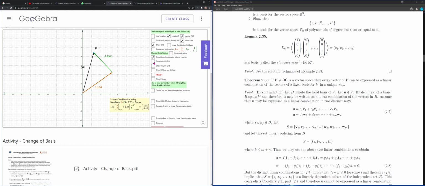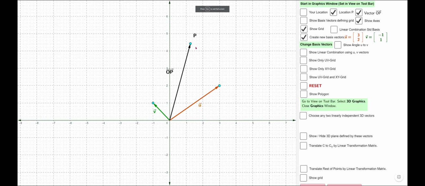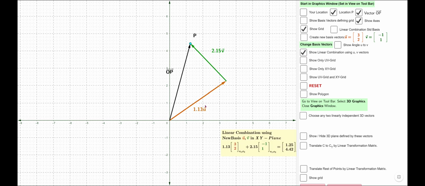If I have a basis to start off with, and I have any vector in my vector space, then I can write this vector as a linear combination of my basis vectors, and the scalars that form this linear combination, these scalars over here, are unique. Okay.